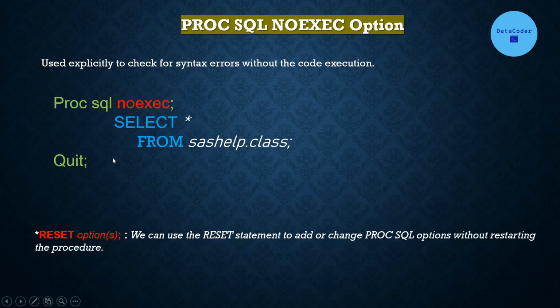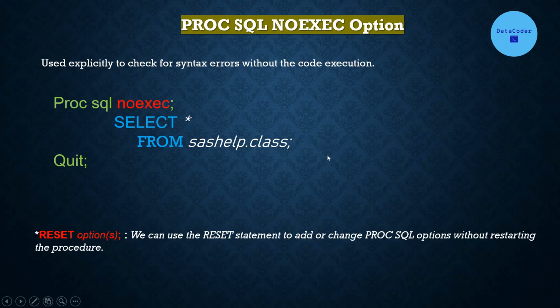So once our requirement is done, we can use the reset option. This statement adds or changes PROC SQL options without restarting the procedure. Either we can close our SAS system and restart it, or we can use this reset option to deactivate these options.